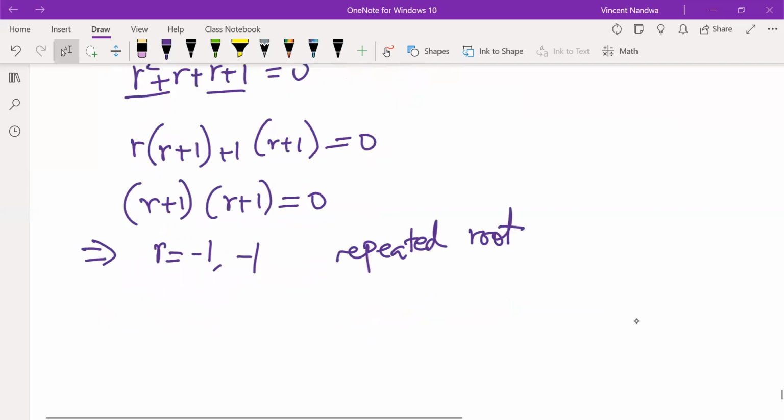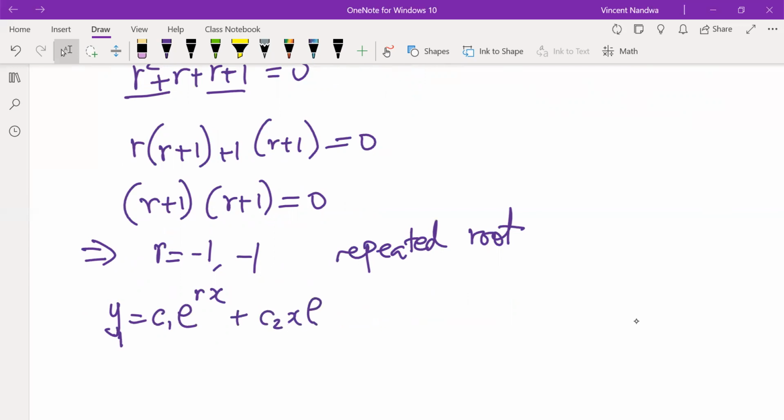With this, the solution y of x is given by c1 e raised power r x plus c2 x e raised power r x. So this is by definition when we have repeated roots.